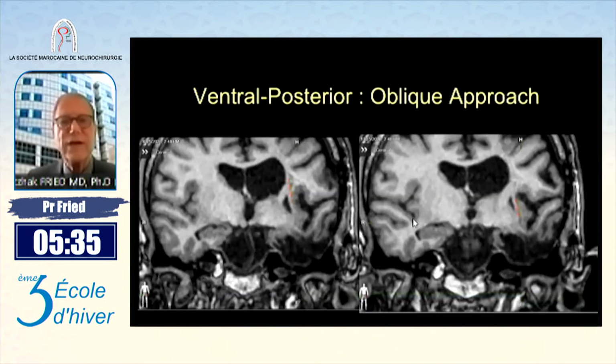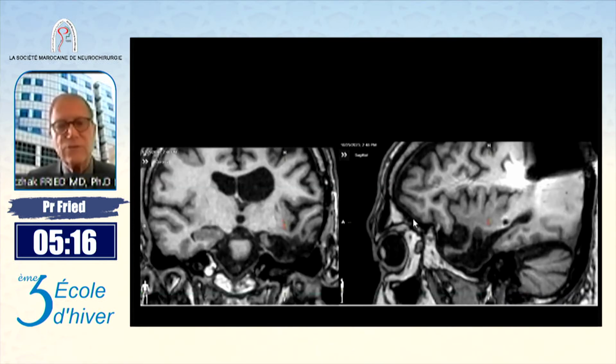Now, once you get to the posterior, especially to the ventral part, then you have got to use oblique approaches, right? You can see here as we approach this area. And when you go further down to the ventral part, you're already close to the posterior insula.